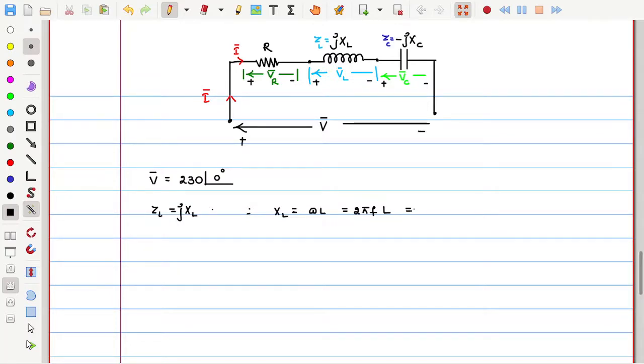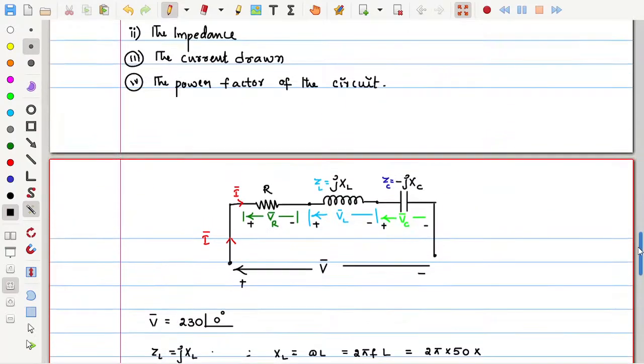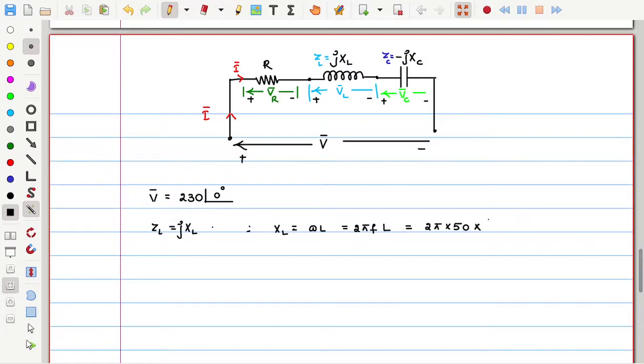Then how much is this? 2 pi f, where f is 50 hertz, and L is, how much is the L value? 13 millihenry. Milli means 10 power minus 3. So you simplify this and give me the value.